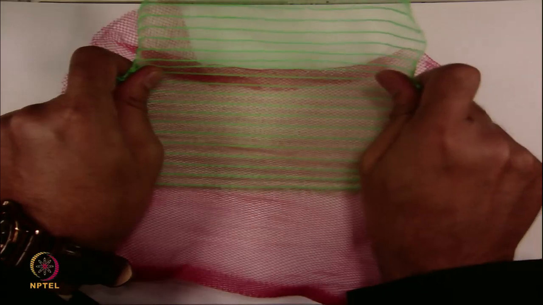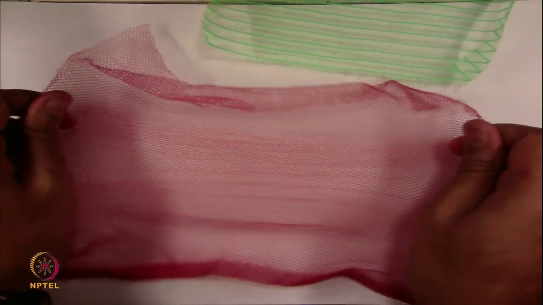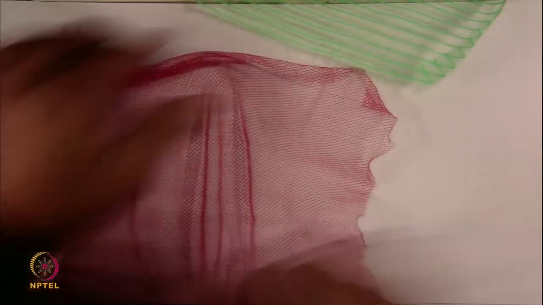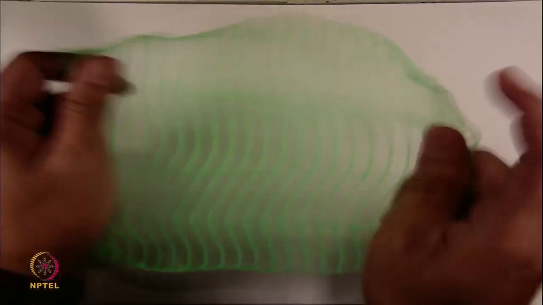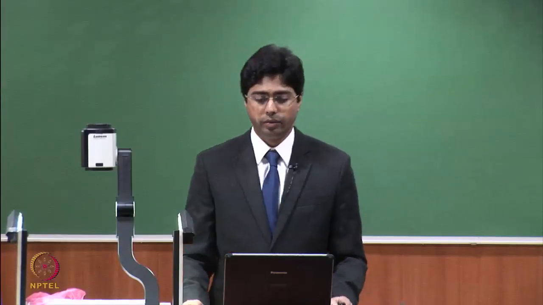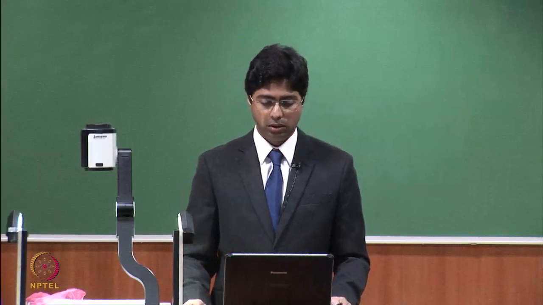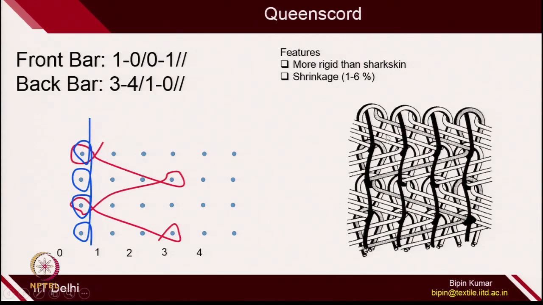The pillar one does not stretch at all, but this one can stretch. You can see here this one is stretchable while the pillar one has very limited stretch. This is how in case of Queenscord the property is changed and it is more rigid than Sharkskin.